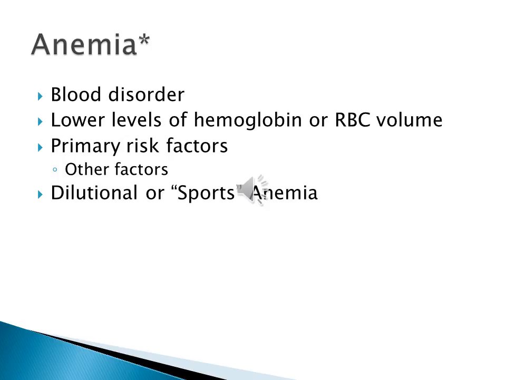It's not so much that the red blood cells have decreased, but their concentration has gone down because of the increase in blood plasma. So the overall number is normal, and the oxygen being taken throughout the body is normal. Sports anemia does not affect the person physically. It's just something that could possibly show up on a blood test.